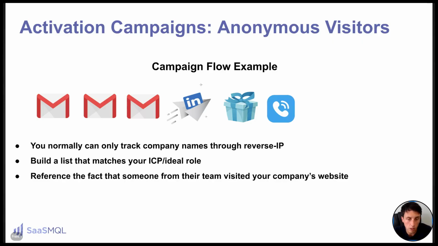And so if you pull those companies and then you build a contact list that matches your target buyer persona, buyer community, then you want to reference the fact that someone from their team visited your website. Maybe it was them, but maybe it was a colleague. Most likely it's someone that you target, because it's difficult that someone from HR is going to go visit a cybersecurity website unless they're trying to sell to them.